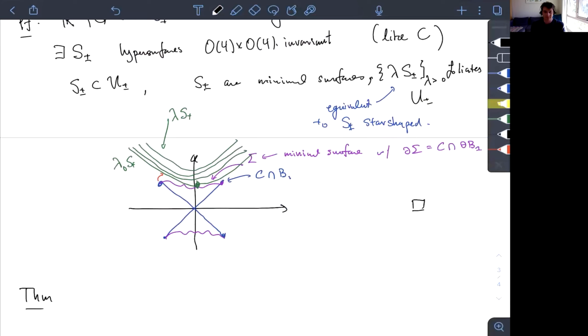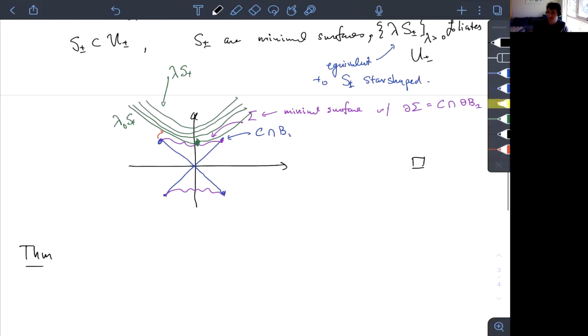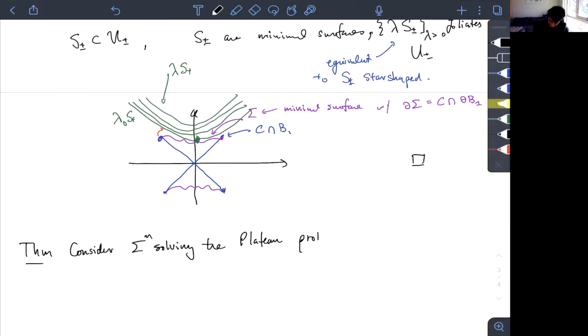I won't be completely accurate with all of my references, but this really is the work of combining work of Federer, Fleming, De Giorgi, Jim Simons, sort of that list of people with a few more names I'm probably missing. Okay, so consider a surface solving the Plateau problem.